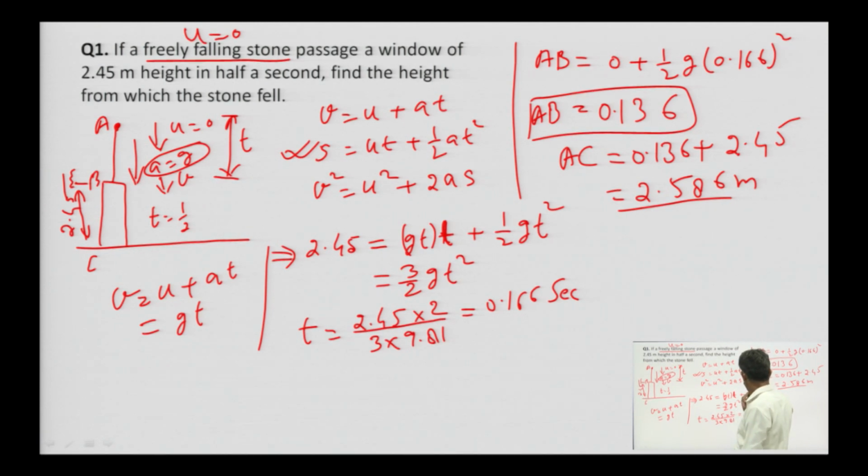Okay, so let me check that it is correct. 2.45 multiplied by 2 divided by 3, divided by 9.81.